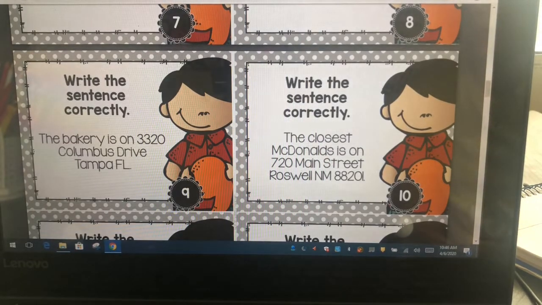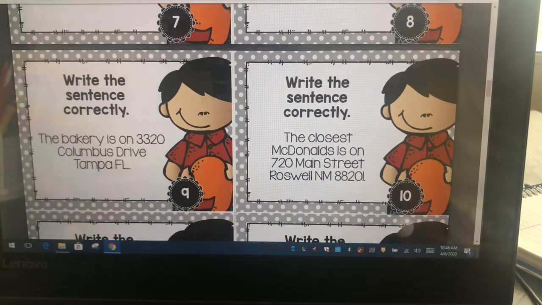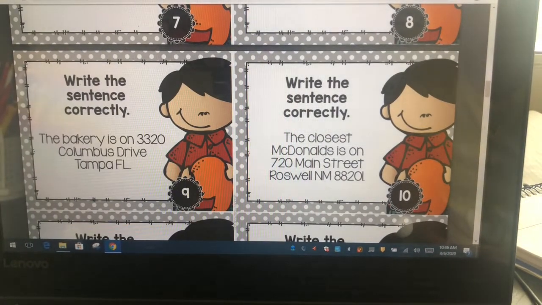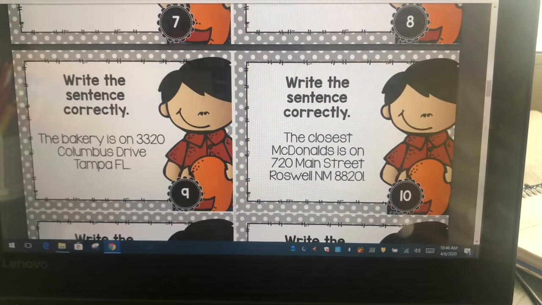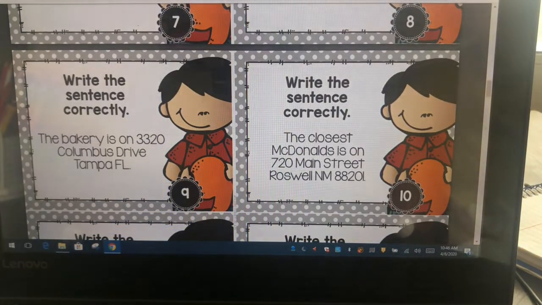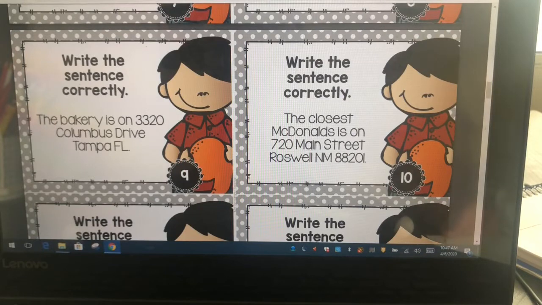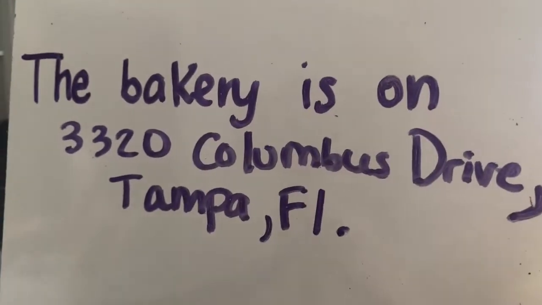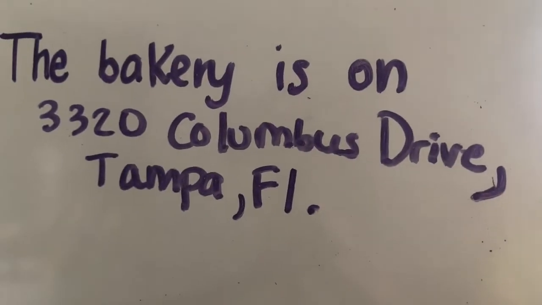So when you're writing down your answers to this sentence, it should say the bakery is on 3320 Columbus Drive, comma, Tampa, Florida. So we add a comma after Columbus Drive, then we have Tampa, comma, Florida. So this, in a sentence, gets two commas. The bakery is on 3320 Columbus Drive, Tampa, Florida.